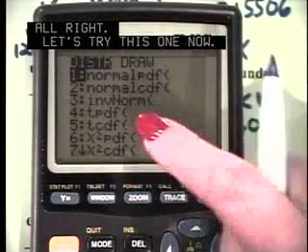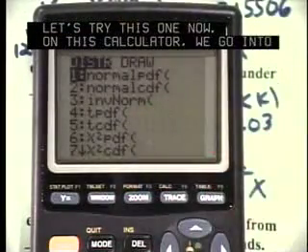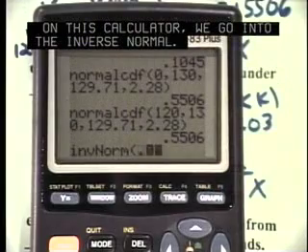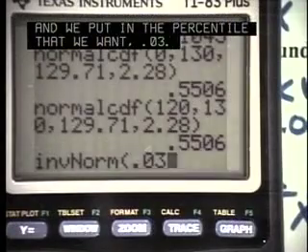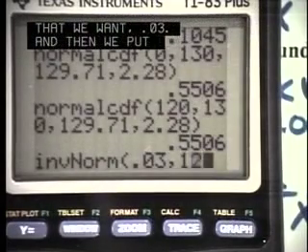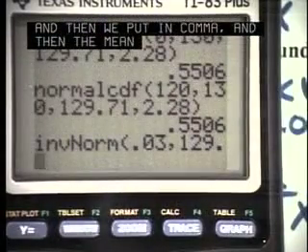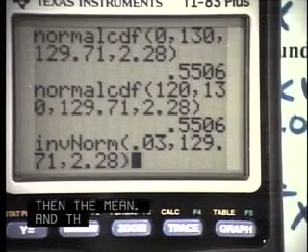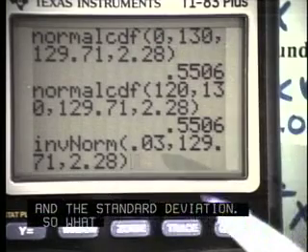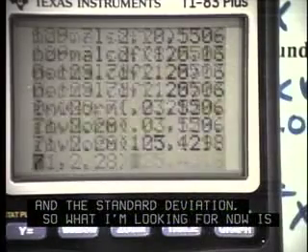On this calculator, we go into the inverse normal, and we put in the percentile that we want, 0.03. And then we put in comma, and then the mean, and the standard deviation. So what I'm looking for now is I want 3% in the tail.